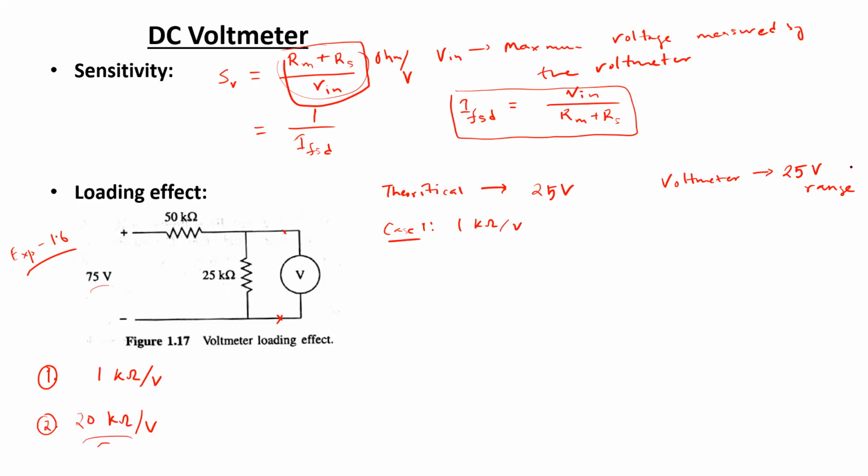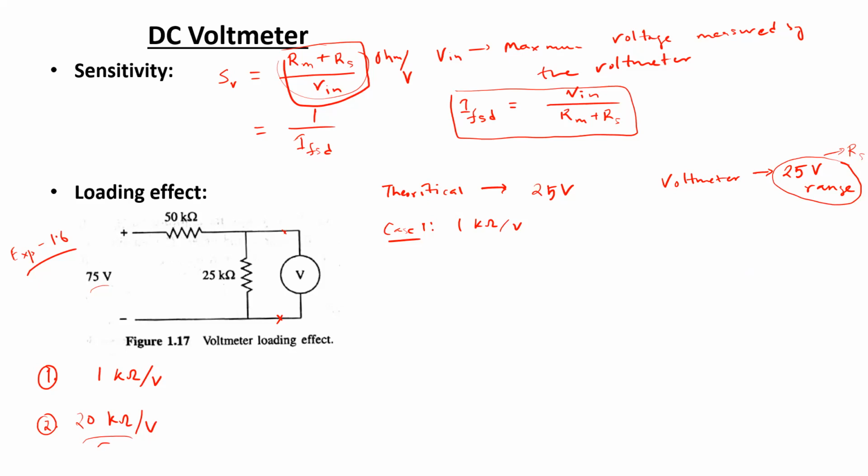So the range of measurement for the voltmeters is set such that they are capable of measuring up to 25 volts. Let's say we assume that according to that, the value of RS is tuned.